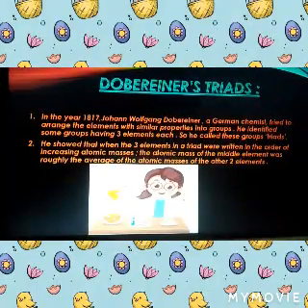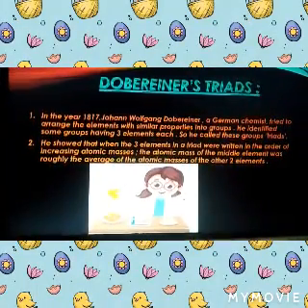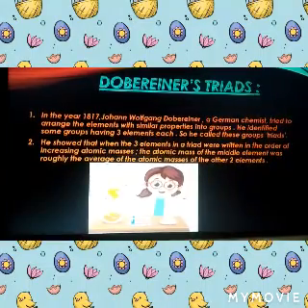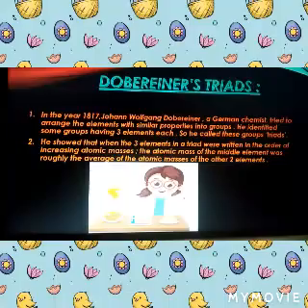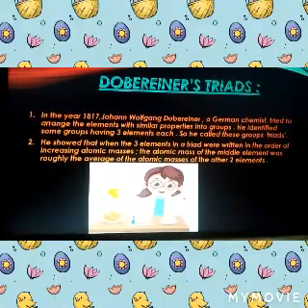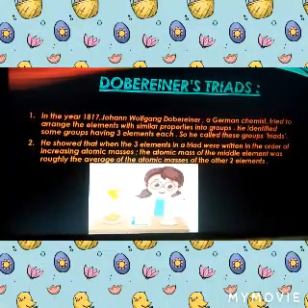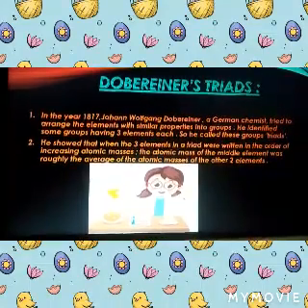For example, if we take the triad lithium, sodium and potassium with their respective masses, which are 6.9, 23.0 and 39, we get to know that the average of the other 2 elements equals the middle element.